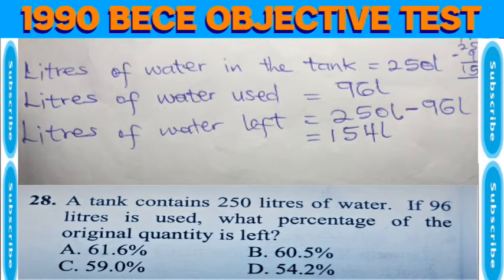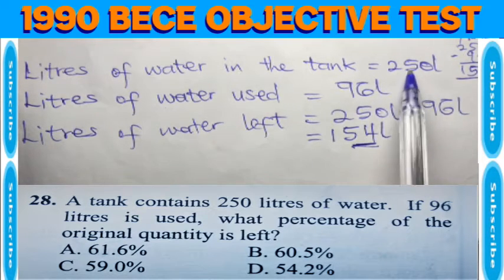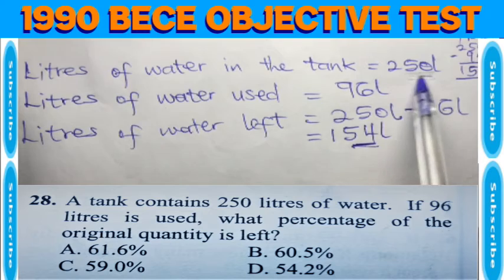So if we have 154 liters of water left in the tank, then the question demands that we find the percentage of the original quantity left. So we are finding the percentage of water left in the tank. To find it, it will be the liters of water left in the tank out of the total liters of water in the tank multiplied by 100%.